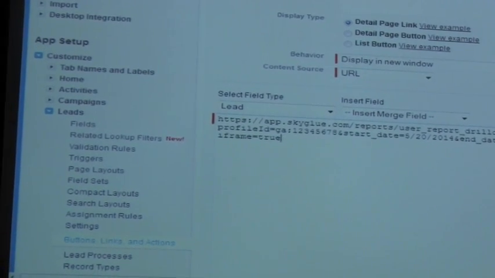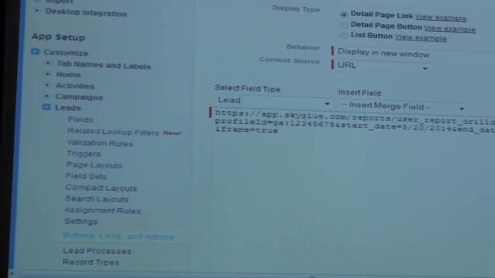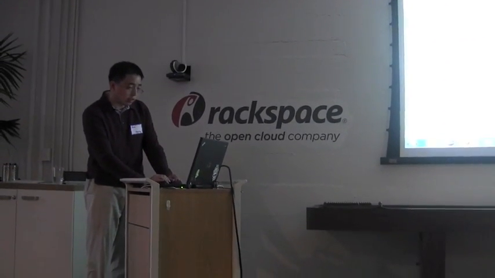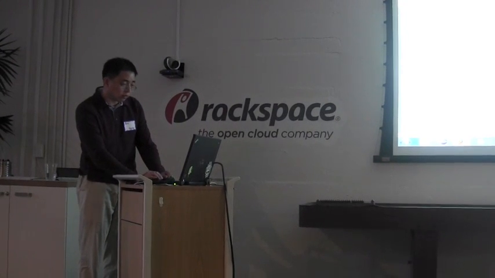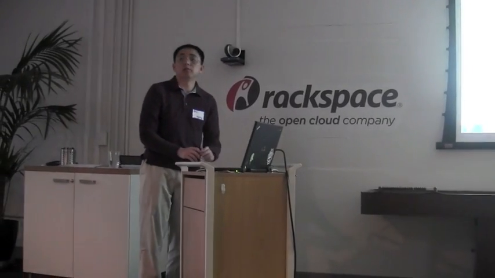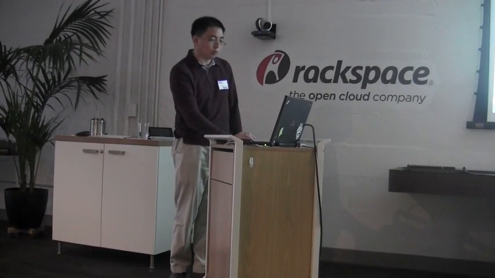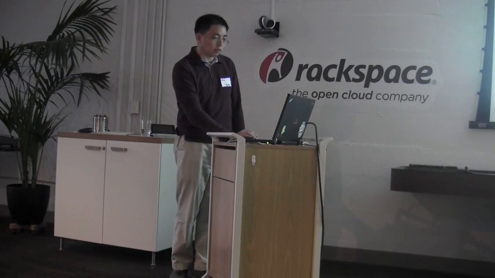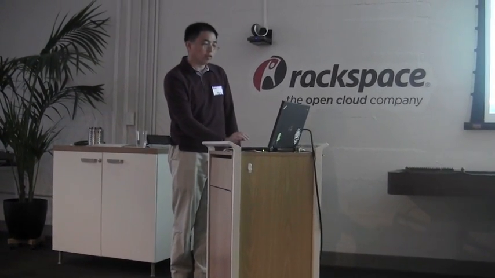If we want to replace this one with the field we just created, you choose here, and you choose the one you just created, SGID. So this will automatically replace the value you just created in the field, and then it will generate a link to this unique URL.